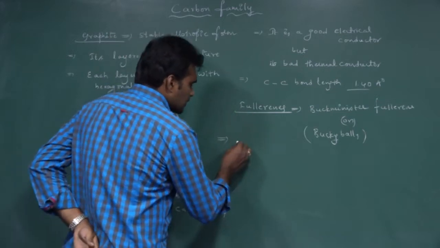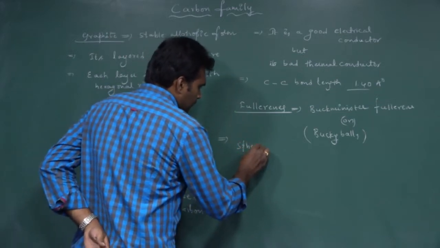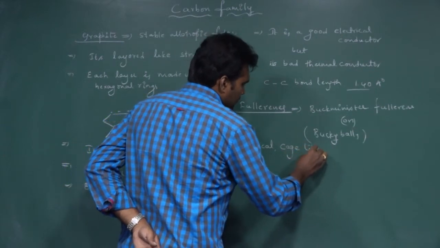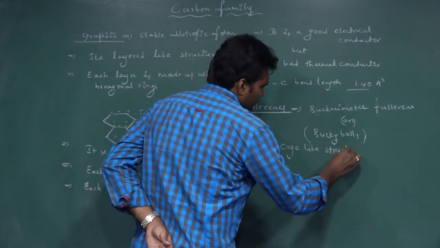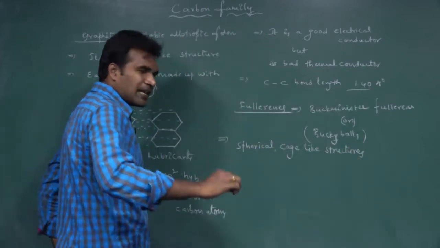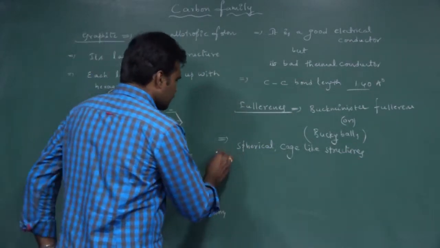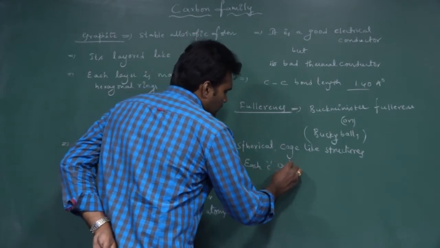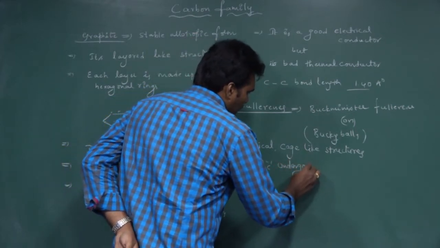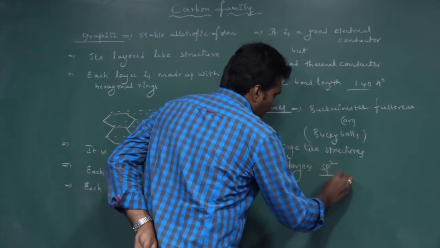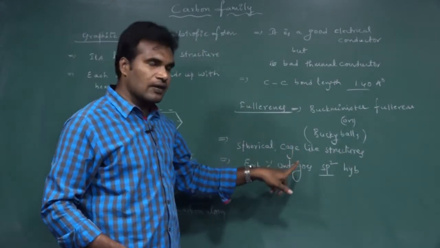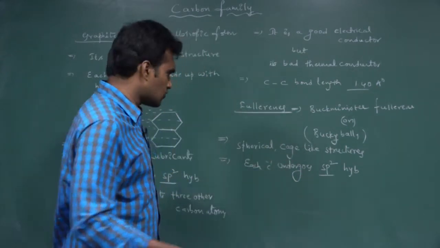So fullerenes are spherical cage like structures, and here each carbon undergoes sp2 hybridization. Remember that. Even graphite is sp2 hybridized, and fullerenes are also sp2 hybridized.